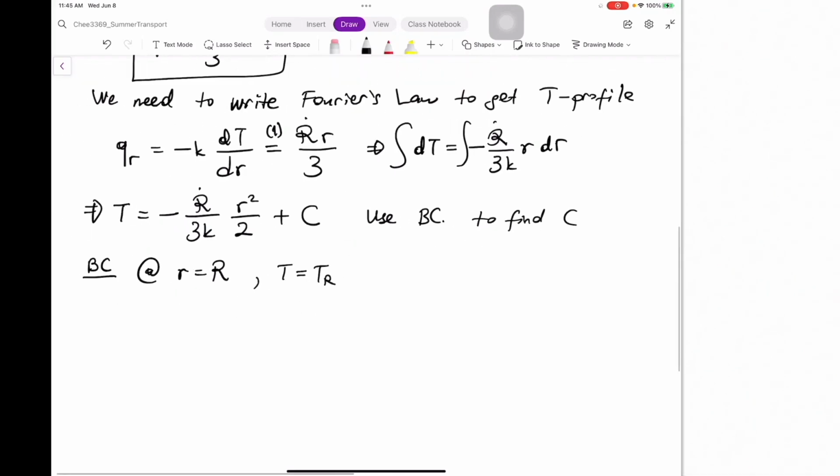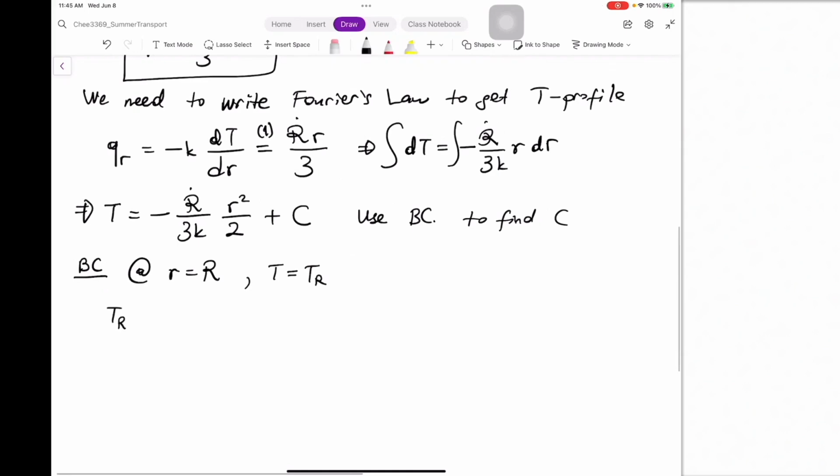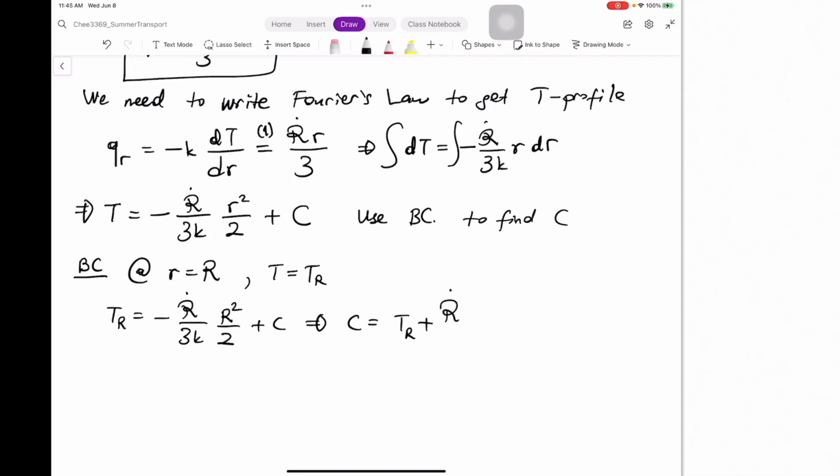Okay. And if you plug in, you would find TR is equal to minus fancy R dot over 3K, R squared over 2 plus C. So you find C as TR plus fancy R dot R squared over 6K. That's it.